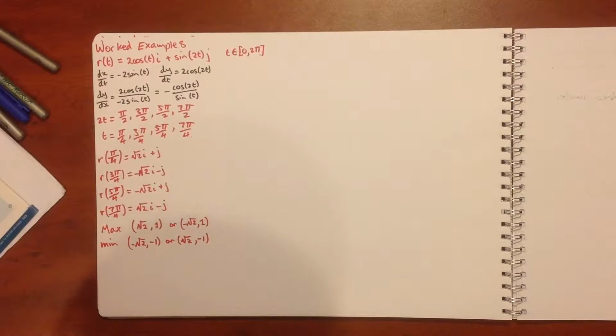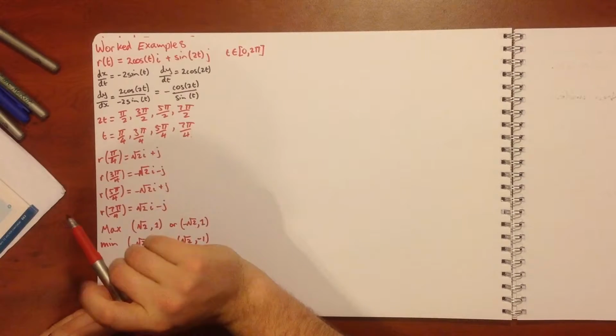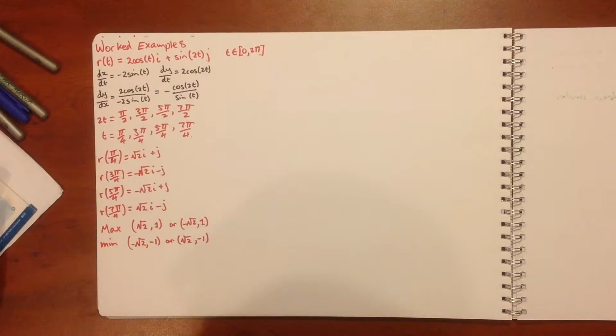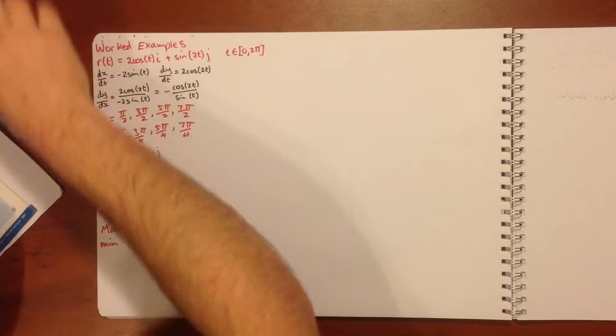Part C, we're asked to sketch a graph of the curve defined by the parametric equations x equals 2 cos of t and y equals sine of 2t. So this is a pretty cool looking graph actually. You'll see it there in your textbook.